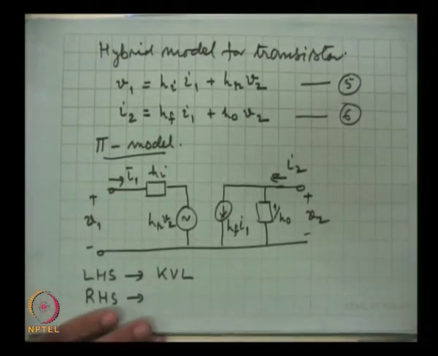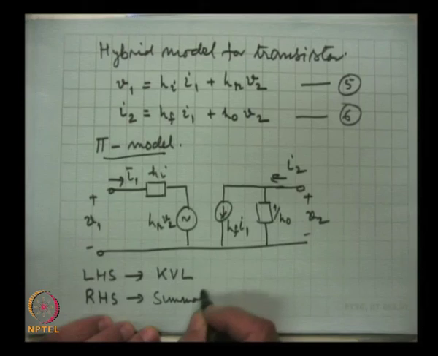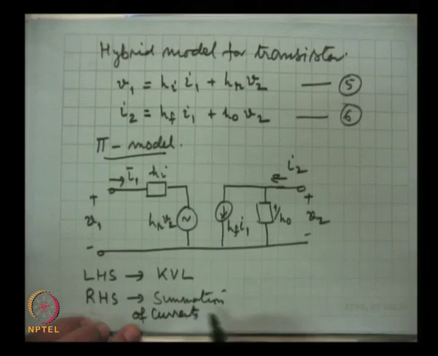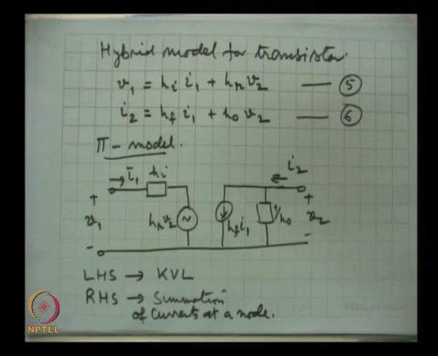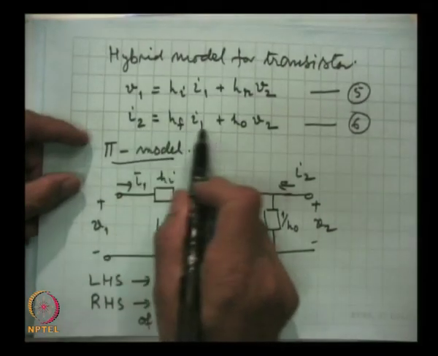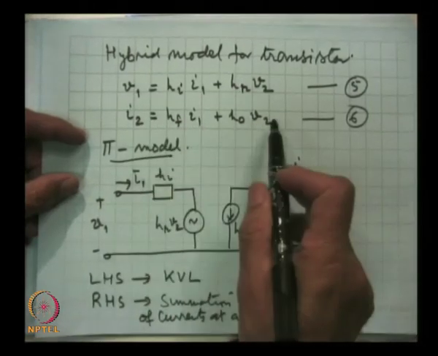So, the left hand side gives you equation 5, and the right hand side is the summation of currents at a node. For example, let us elaborate this point, how we get this equation 6.